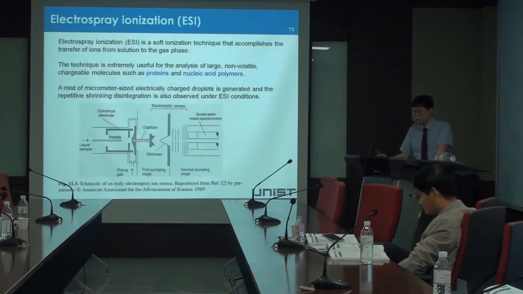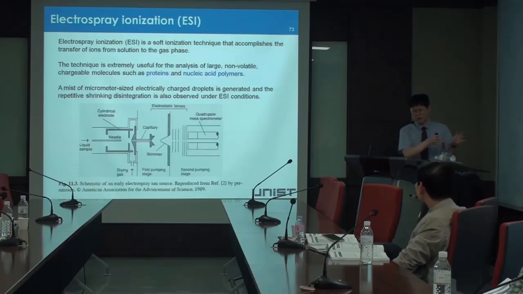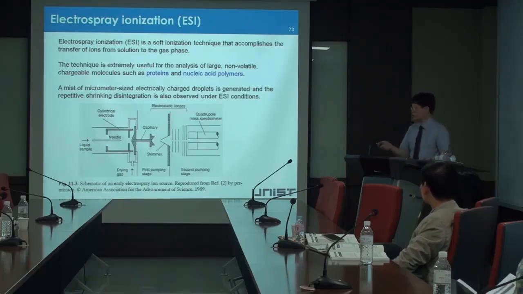And the third option of ionization is ESI, electrospray ionization. This is widely used for combination with LC. Liquid sample enters this ionization chamber, and there are water drops. Water drops become smaller, and finally ions are made.